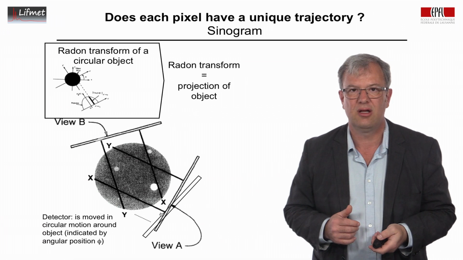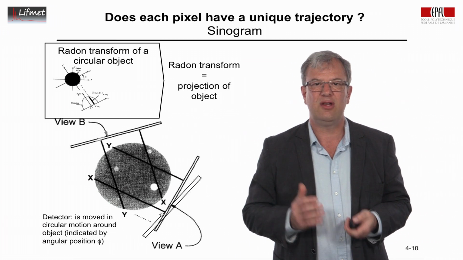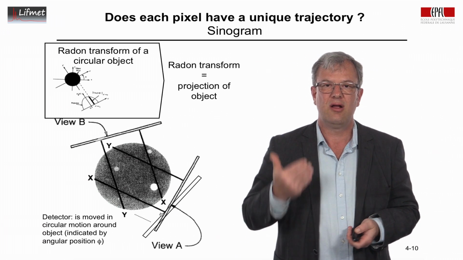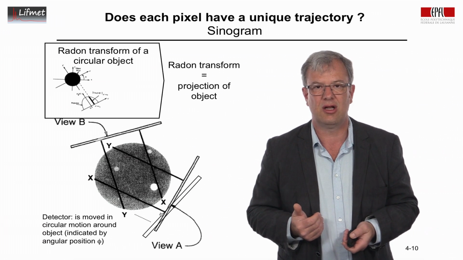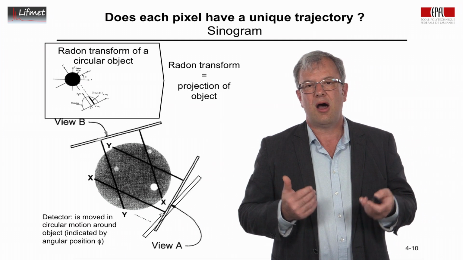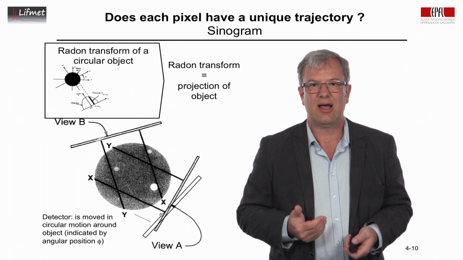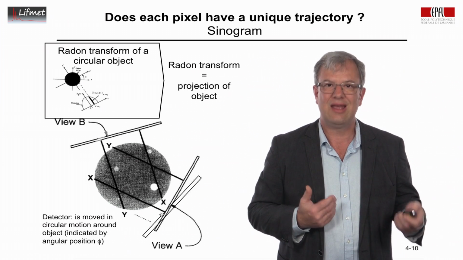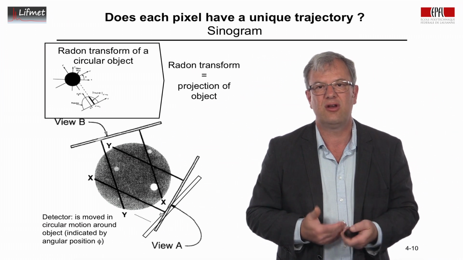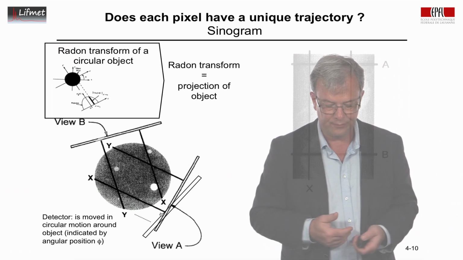The question now is, if we do this rotation and record for each angle a different Radon transform, that is a different projection, are we generating information that allows us to uniquely identify each pixel in the image? If we can say yes to that question, then we can reconstruct an image.